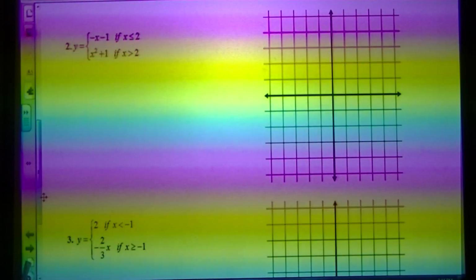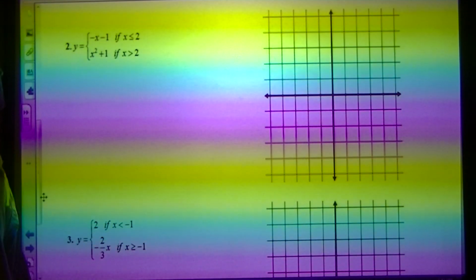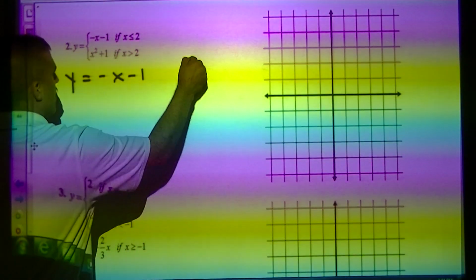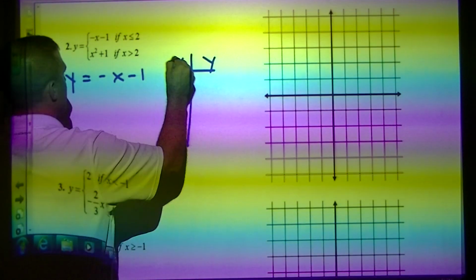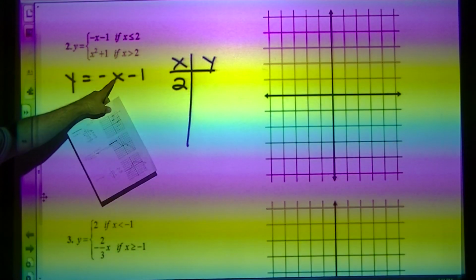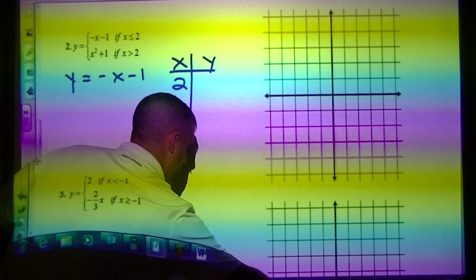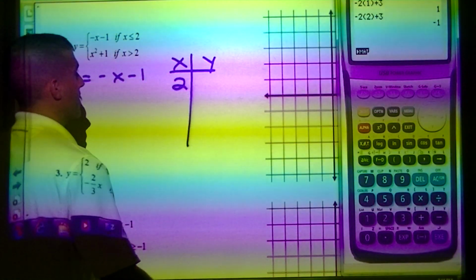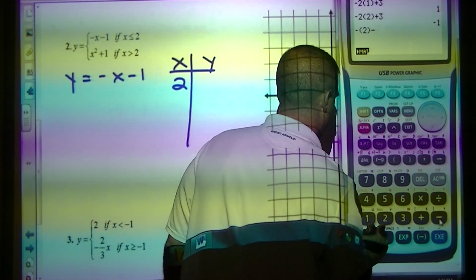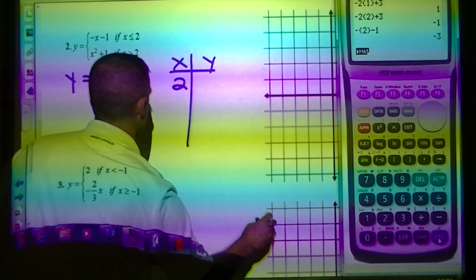For the piecewise function, I'm going to start with the first one, the negative x minus 1. I'm going to start with a little mini chart. I'm going to start at 2. If I substitute 2 in there, I get negative, parenthesis, 2 minus 1, which gives me negative 3.